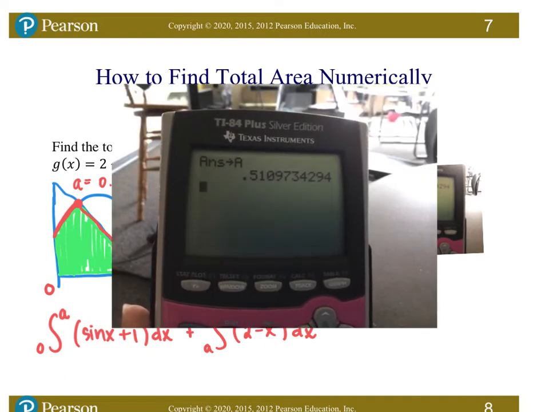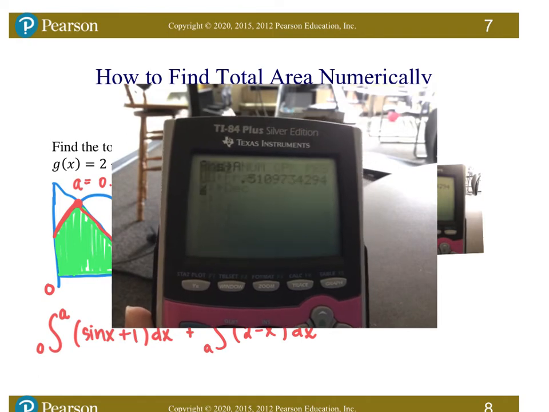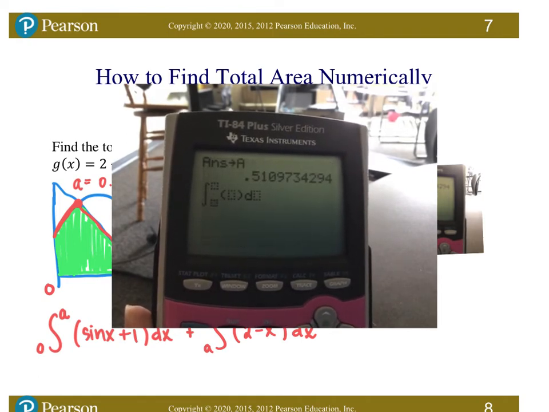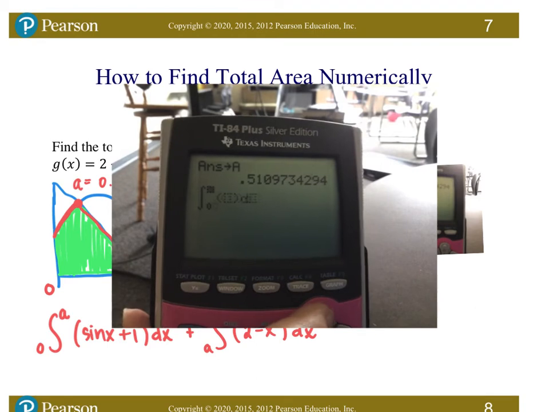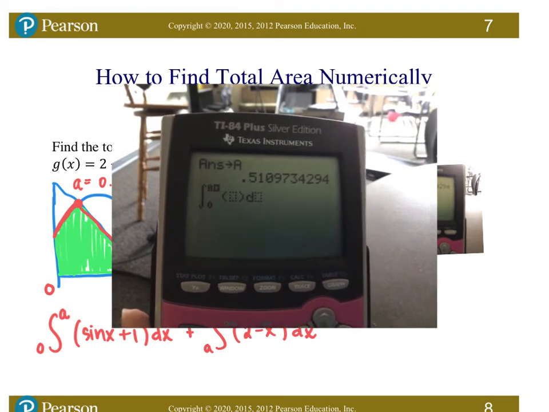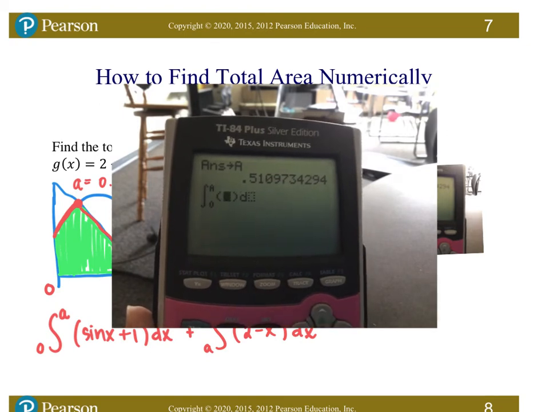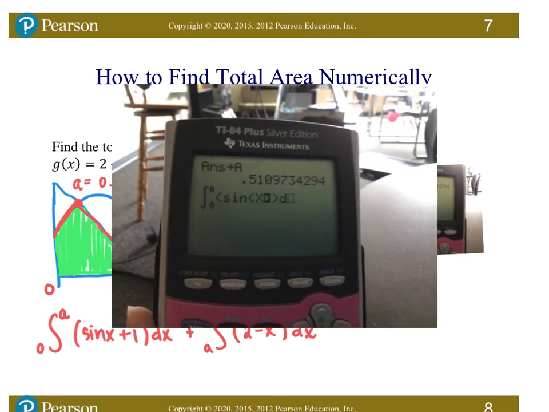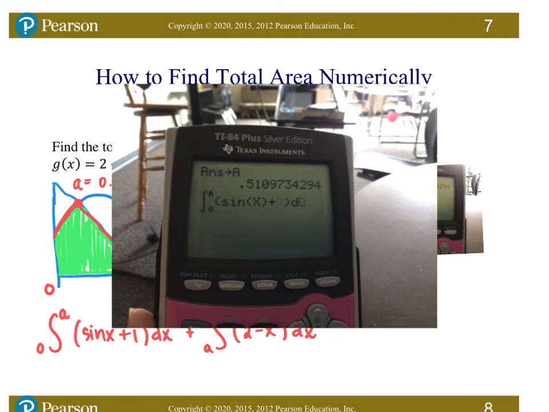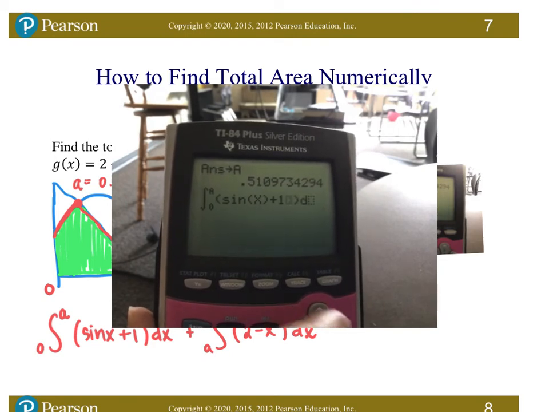Okay, so I've got that A value stored, so I'm going to do a math 9, and I'm going to go from 0 to, and I'm going to put alpha A in there because the calculator will remember what A is. Then I'm going to put sine of x plus 1 in that first equation and hit dx.